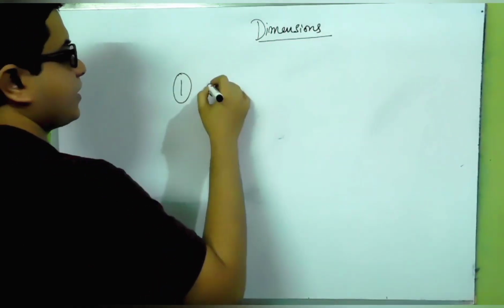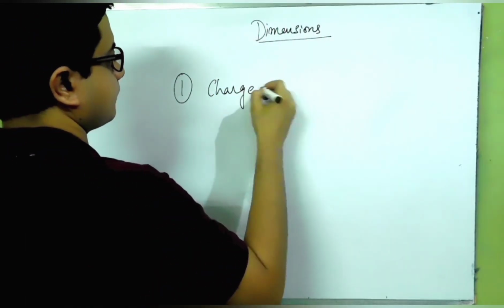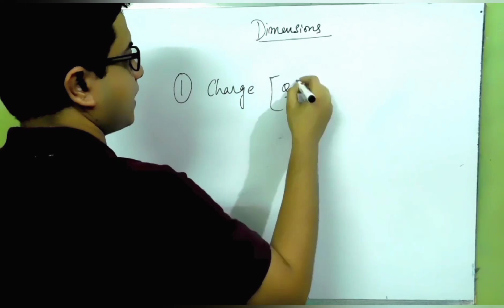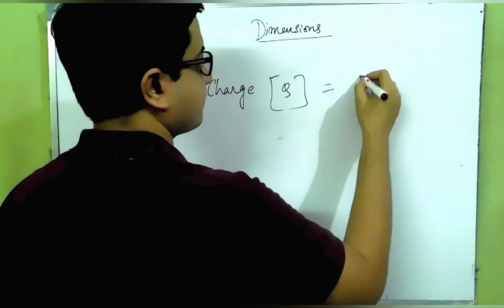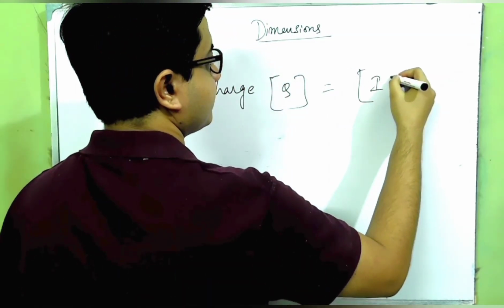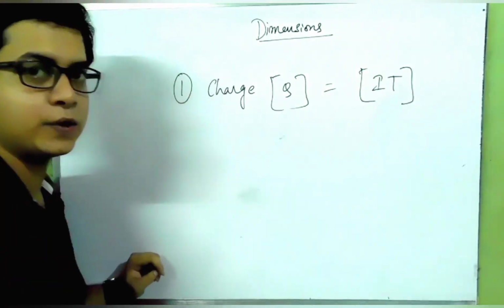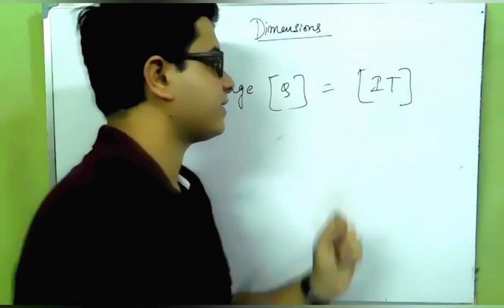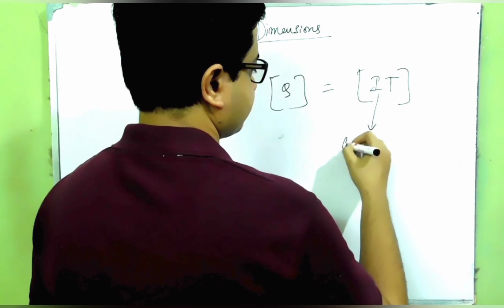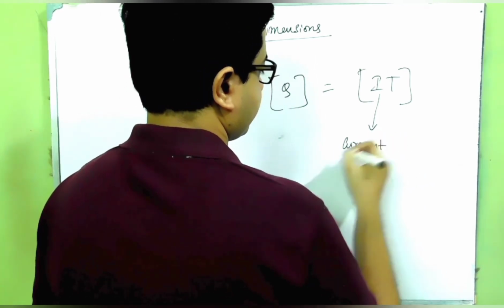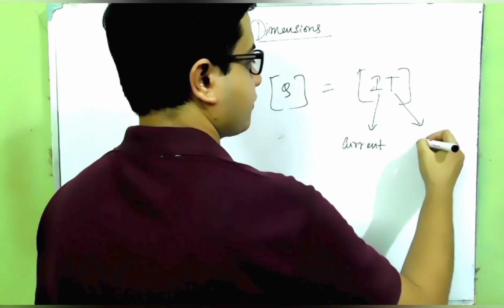First, start with charge. The dimension of charge is given as I into T. Okay, so here I is the dimension of current, and T is the dimension of time.